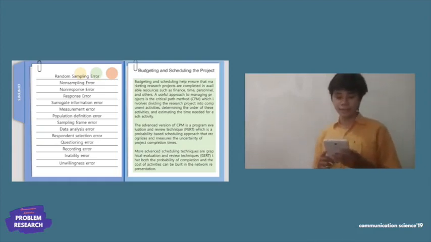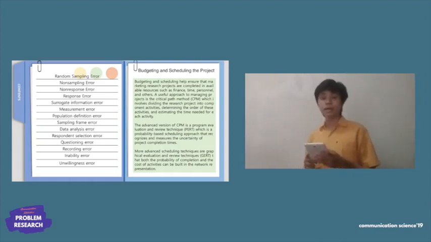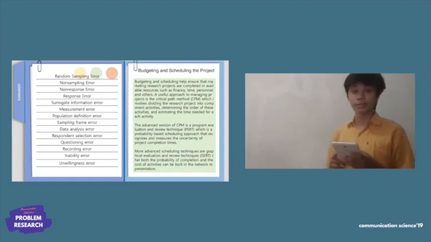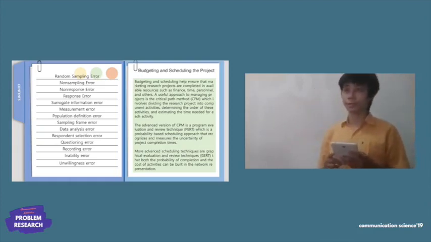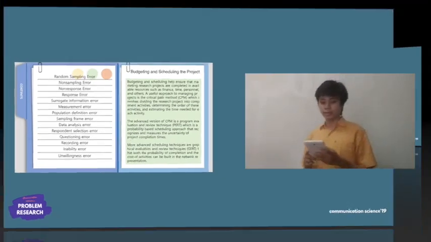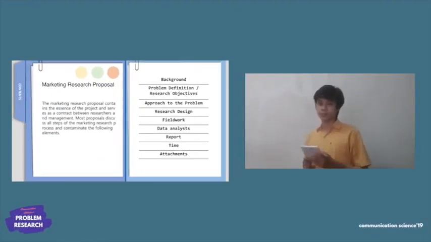More advanced scheduling techniques are the graphical evaluation and review technique, or simply GERT, where both the probability of completion and the cost of activities can be built in the network representation. Next slide, we have marketing research proposal.